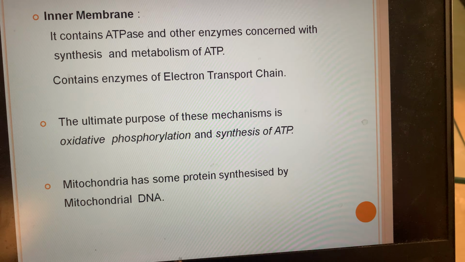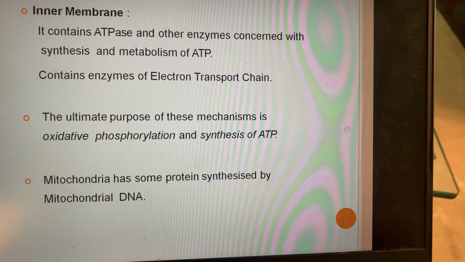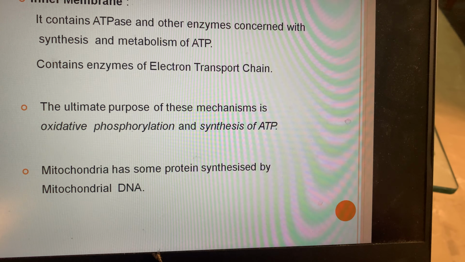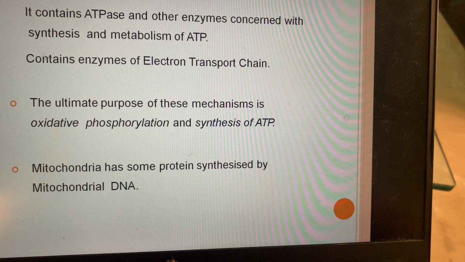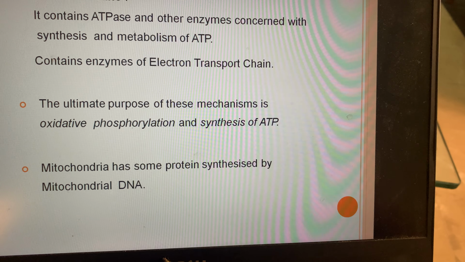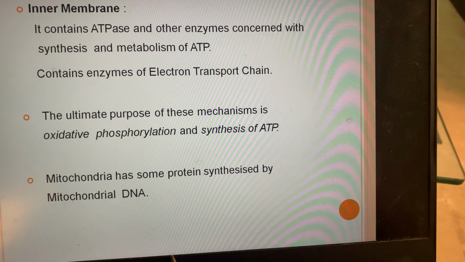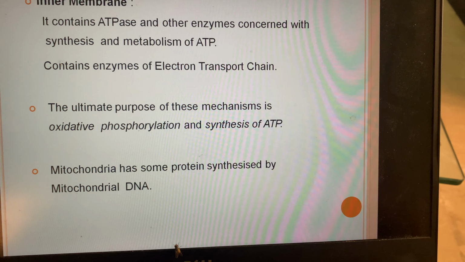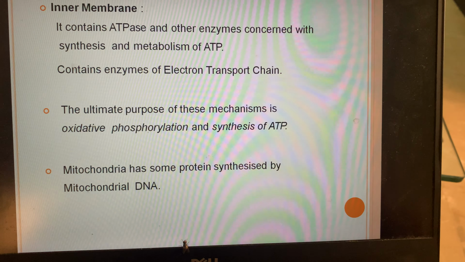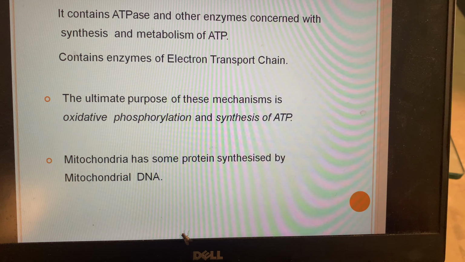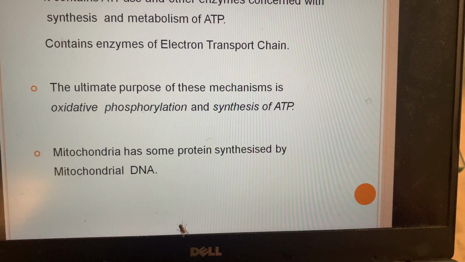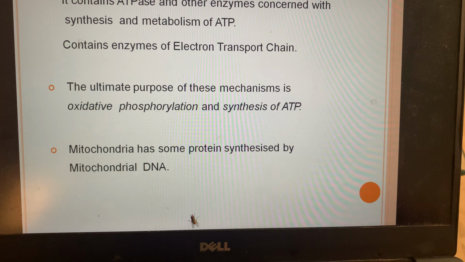The inner membrane contains ATPases and other enzymes concerned with synthesis and metabolism of ATP. It also contains proteins for the electron transport chain. The ultimate purpose of these mechanisms is oxidative phosphorylation and synthesis of ATP.